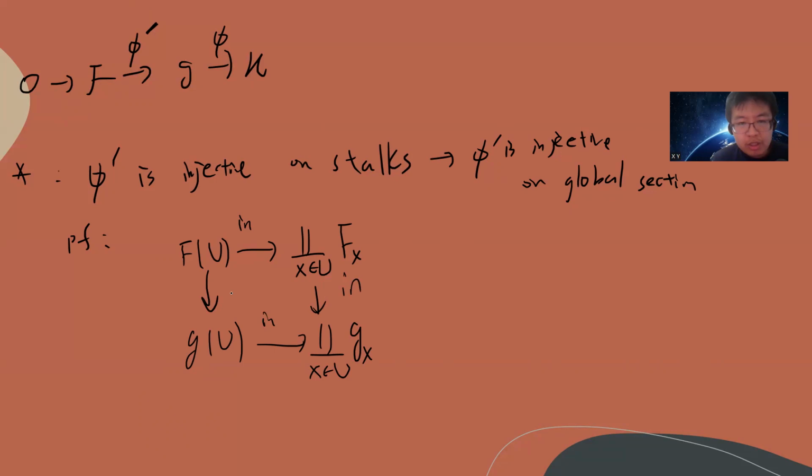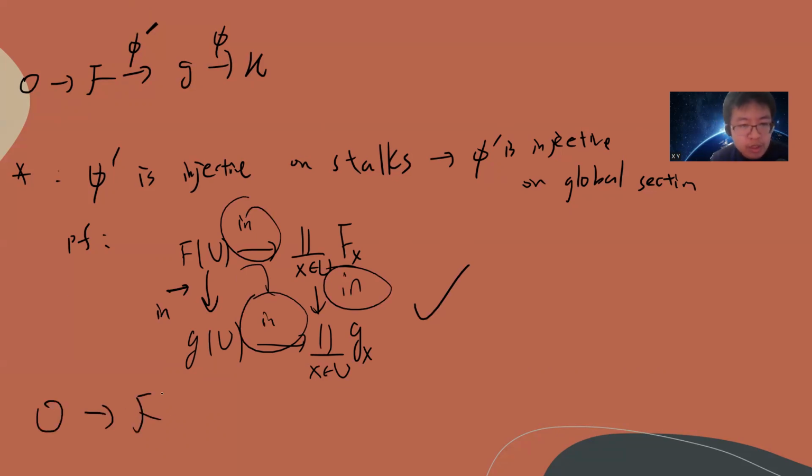So we have three injective maps, and this diagram commutes by the definition of the sheaf. So this map must be injective because these three of them are injective. So we prove that phi prime is injective. This proves that we at least have this.